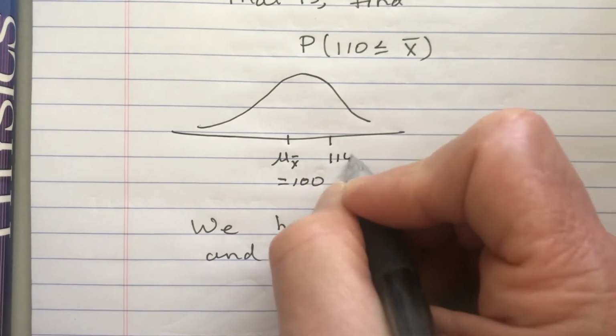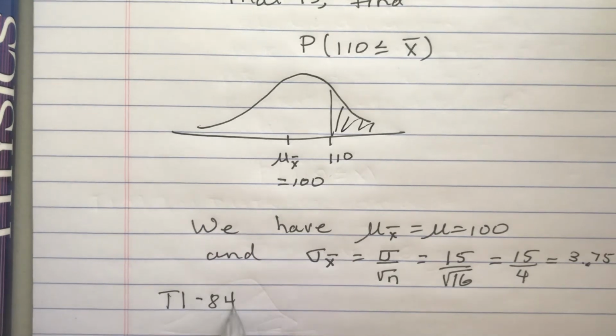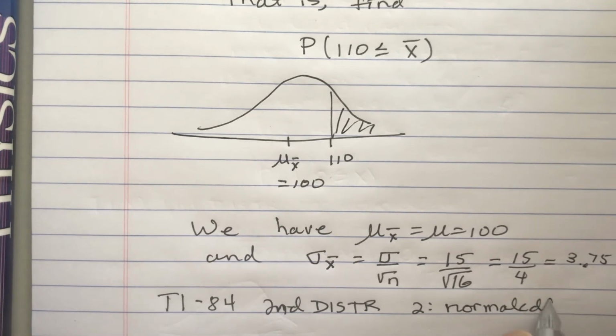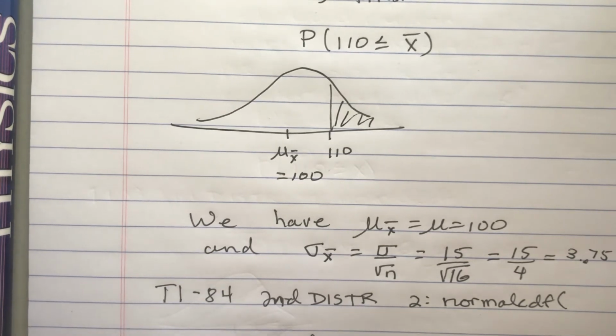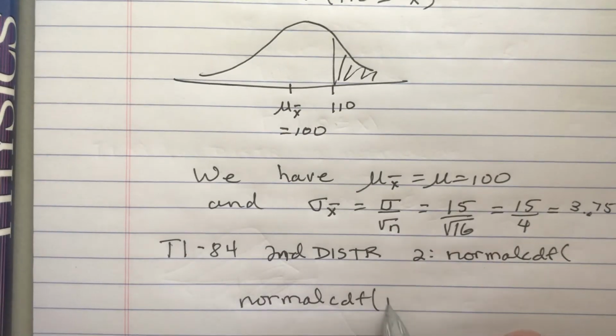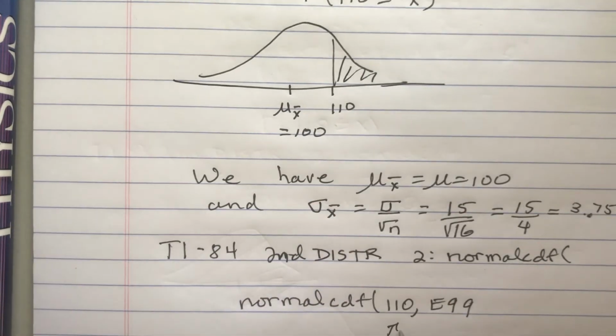And so here we have 110, and we're trying to find this area here. For the TI-84, we're going to do second distribution to normal CDF. So this is going to be 110 E99, because this is our left endpoint.